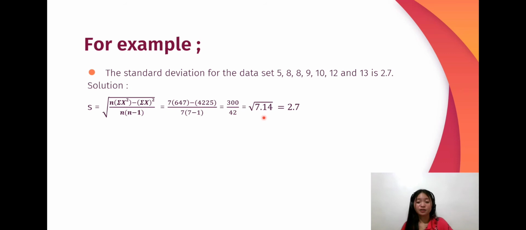That is our variance. Then since we are looking for the standard deviation, we take the square root. So, the square root of 7.14 is equal to 2.7.